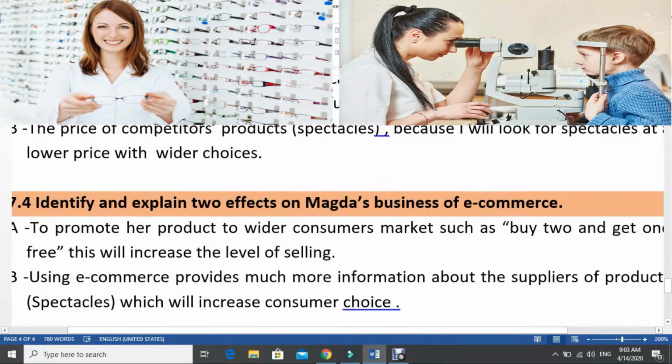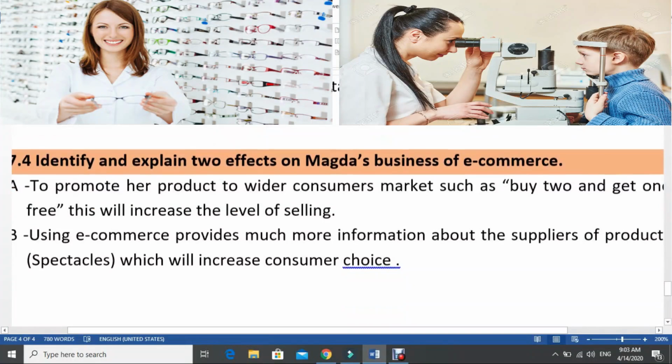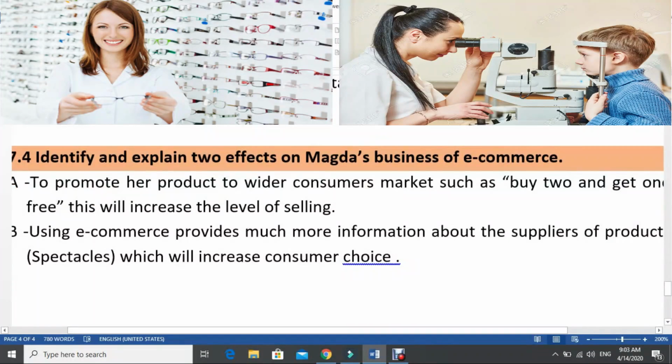Question number 4, identify and explain 2 benefits of Magda's business using e-commerce. A, to promote her product to a wider consumer market, such as buy 2 and get 1 free, for example. This will increase the level of selling. The second one, using e-commerce provides much more information about the suppliers of a product, spectacles, which will increase consumer choice.